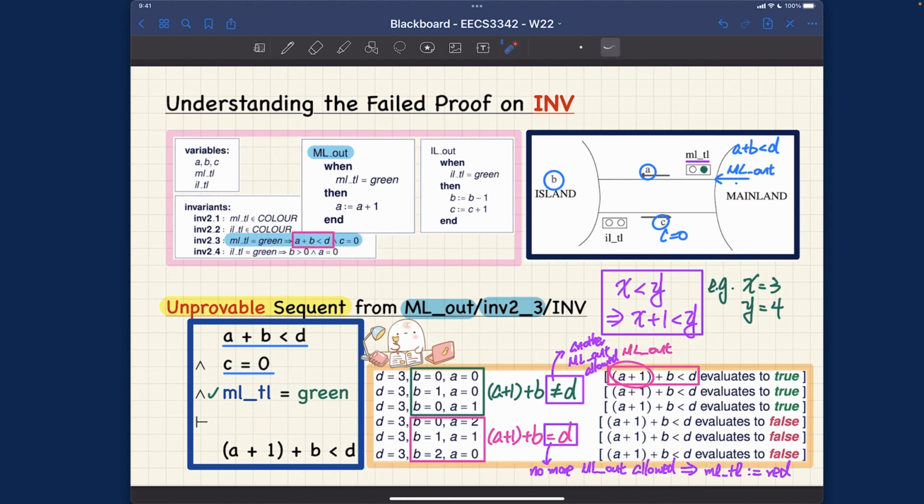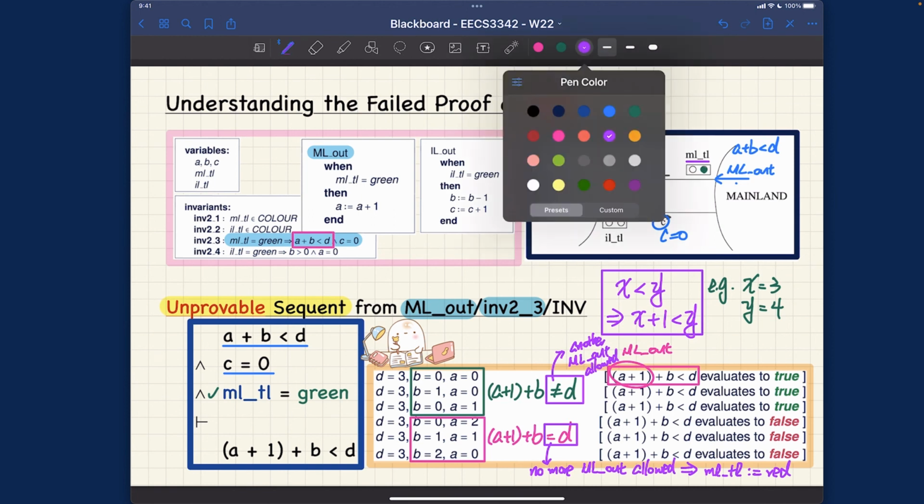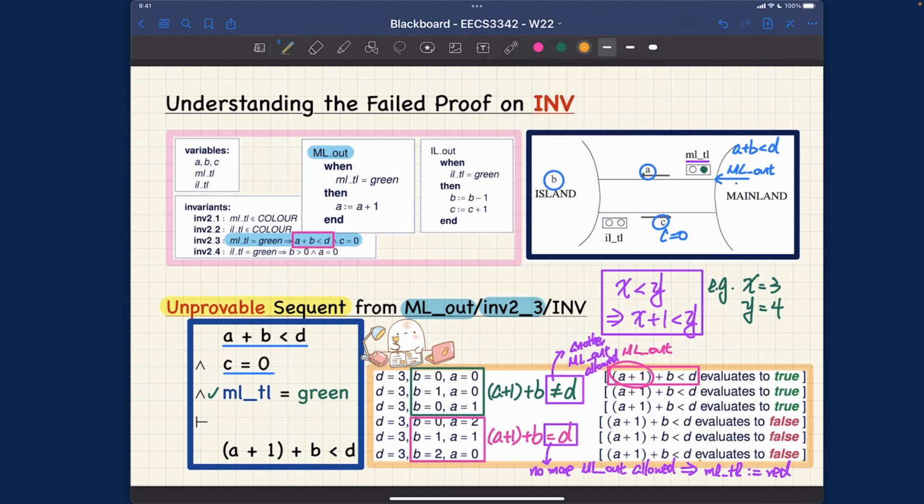It's also very important to see that. So once we set the ML TL to be red over here, let me just box it over here. After this, this can make sure the invariant 2, 3 is preserved, because once we set the ML TL to be red, ML TL equals green will be simply false.